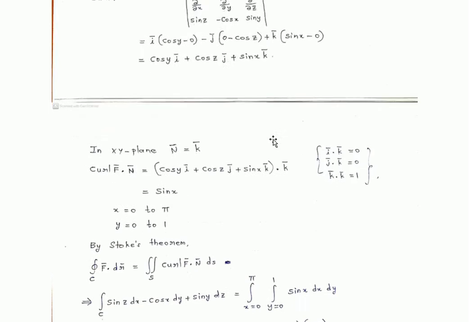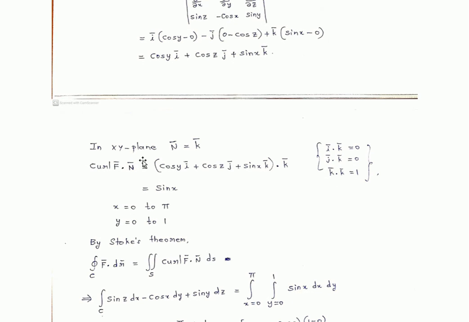Now let us decide n bar. In the xy plane, n bar is the unit normal outwards to the surface, so n bar equal to k bar. Curl f bar dot n bar equal to curl f bar dot k bar. Now sin x into k bar dot k bar value is 1, but cos y into i bar dot k bar is 0. Cos z into j bar dot k bar is 0.